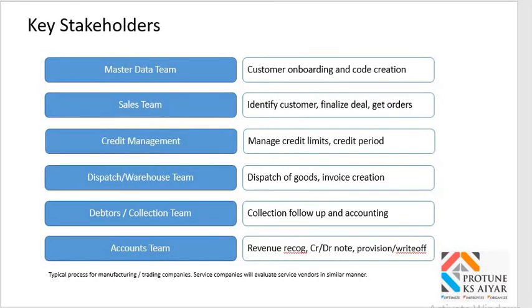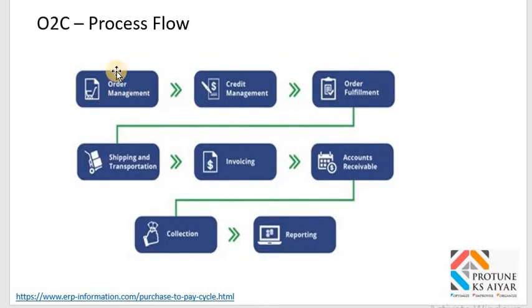Looking at the key stakeholders for any O2C audit or O2C process review, you would end up interacting with the following 6 sets of people. First one would be the master data team. This team would be responsible for creation of a customer code, because without a customer code, your order would not get created.